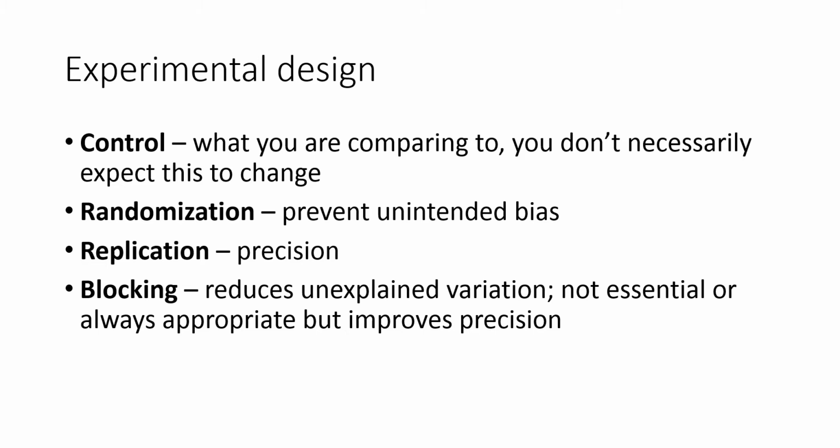Blocking is a term that you should be familiar with. We're probably not going to use it in this class, but blocking is a statistical method that lets you reduce some of the unexplained variation in your data set. The example they give in one of the books is that you have different farm fields with different angles. Some are flat, and so they drain in particular ways.